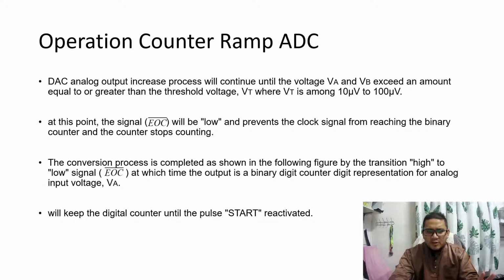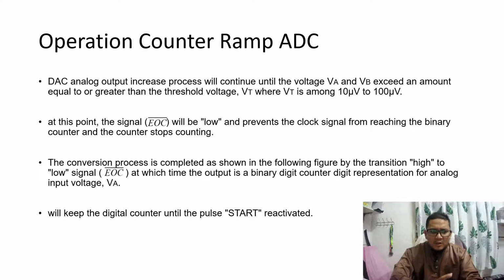Okay, this is the operation of the ramp ADC. So the DAC analog output increases and the process will continue until VA and VB are equal or VB exceeds VA by the threshold voltage VT, where VT is among 10 microvolts to 100 microvolts.